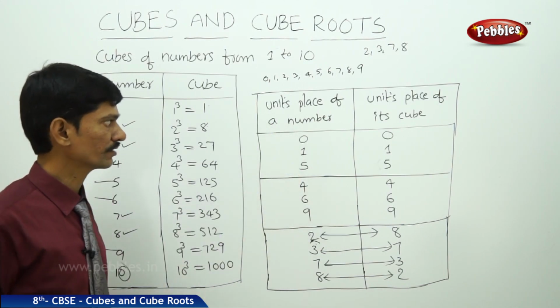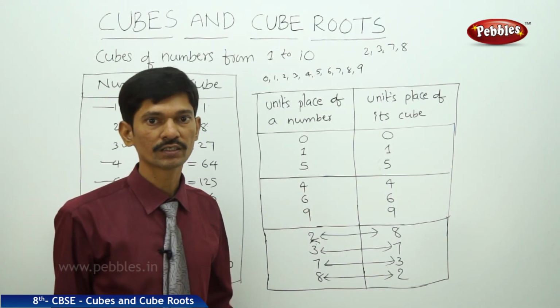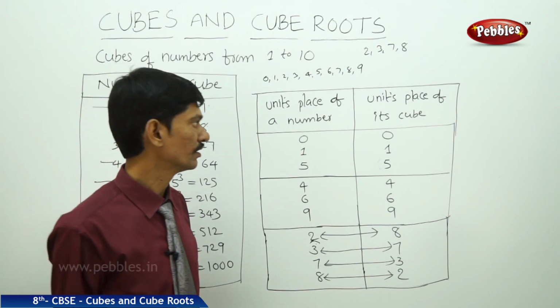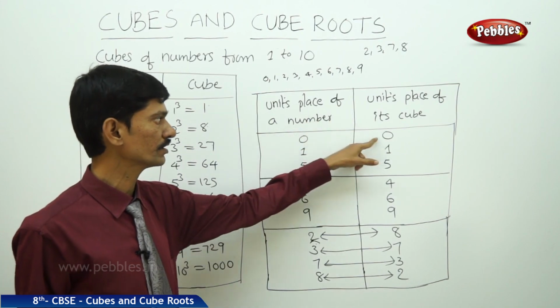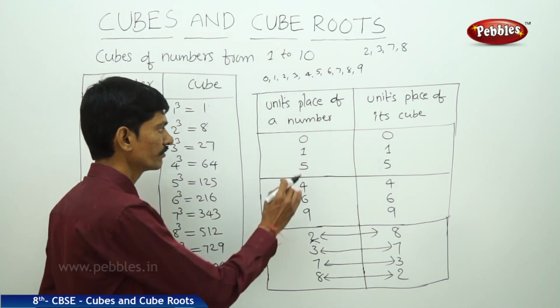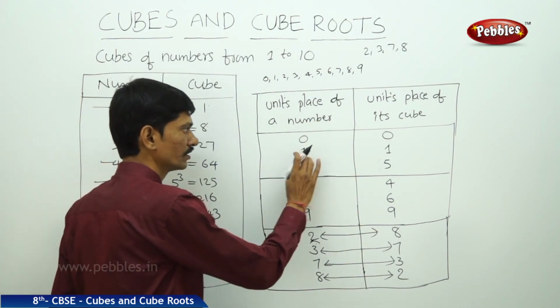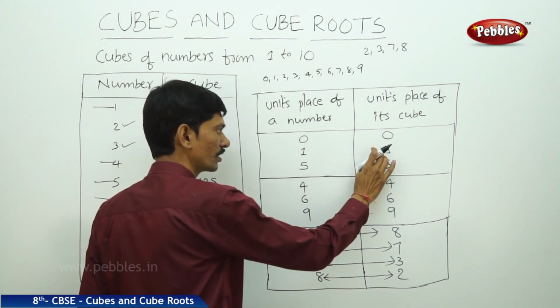This is not only for the first 10 natural numbers, we can take the cubes of any natural numbers. If the given number ends with 0, then its cube also ends with 0. If the units place of the given number is 1, then the units place of the cube is also 1.